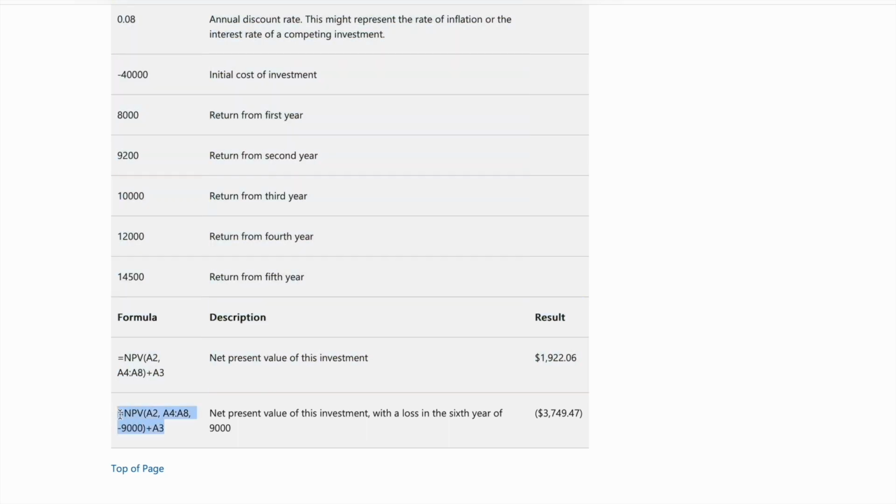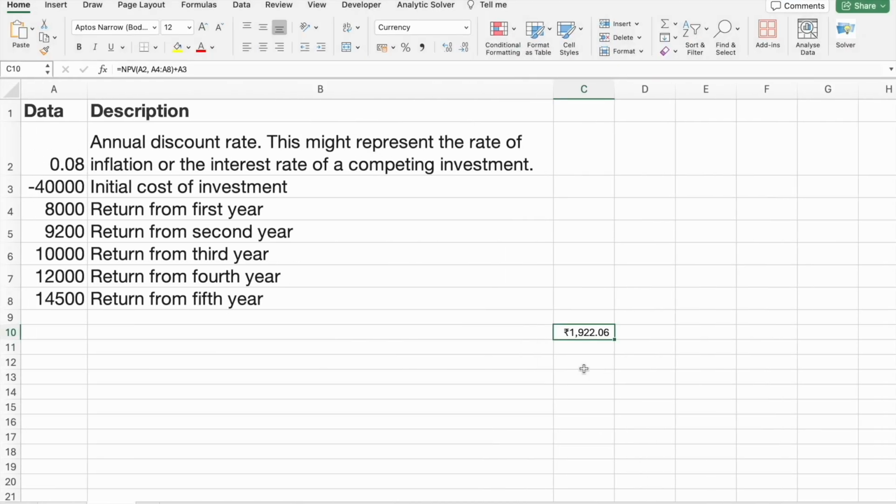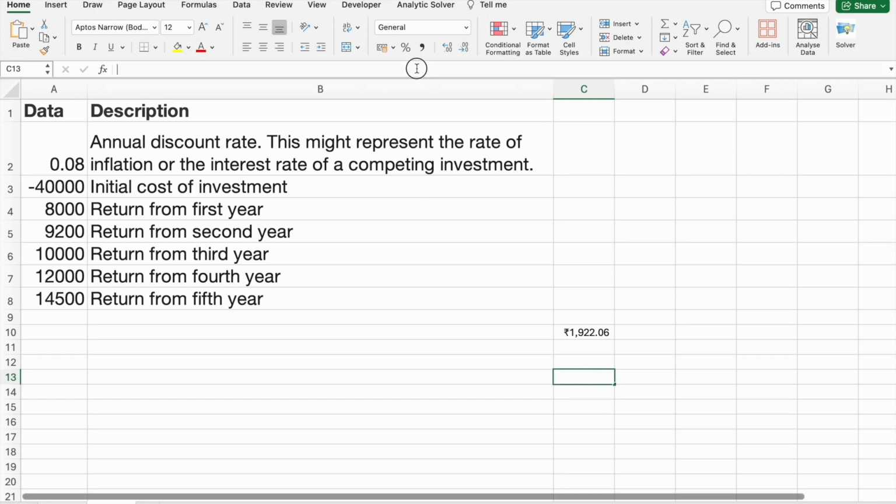So I'm just going to copy it. Here I'm just going to paste it. And you can see we got 3,749 as the net present value of this investment.